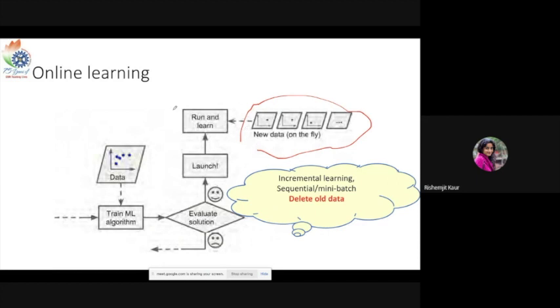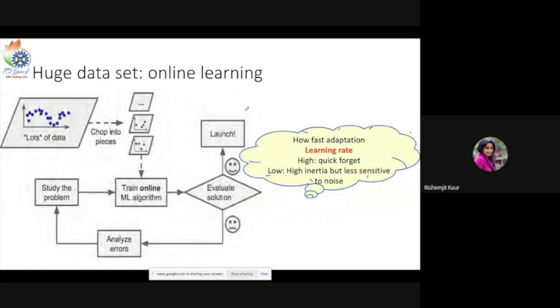So using that new data also, we will train our algorithm, and we will learn and run. So it is like incremental learning. Sometimes it is also called sequential, or mini-batch learning, where we do not use the whole data altogether, but we take chunks of it.